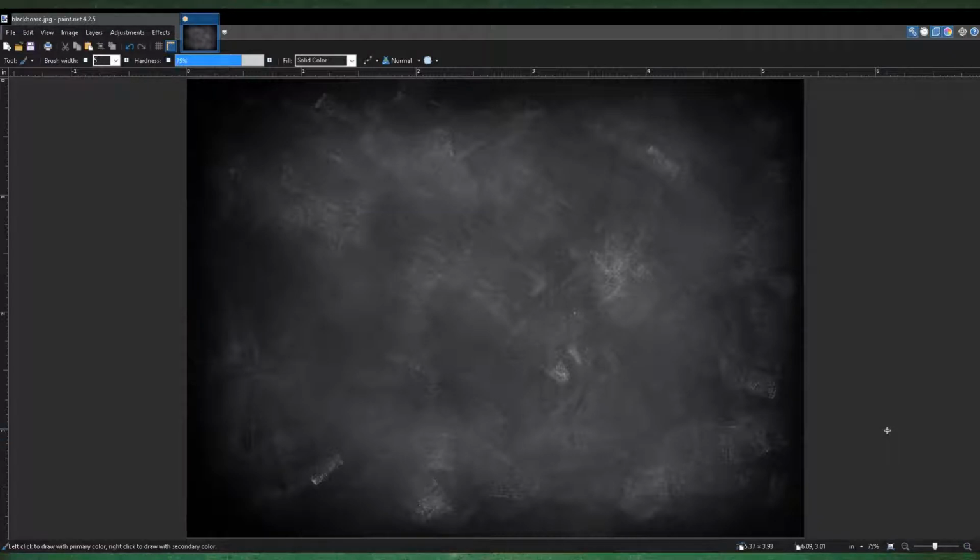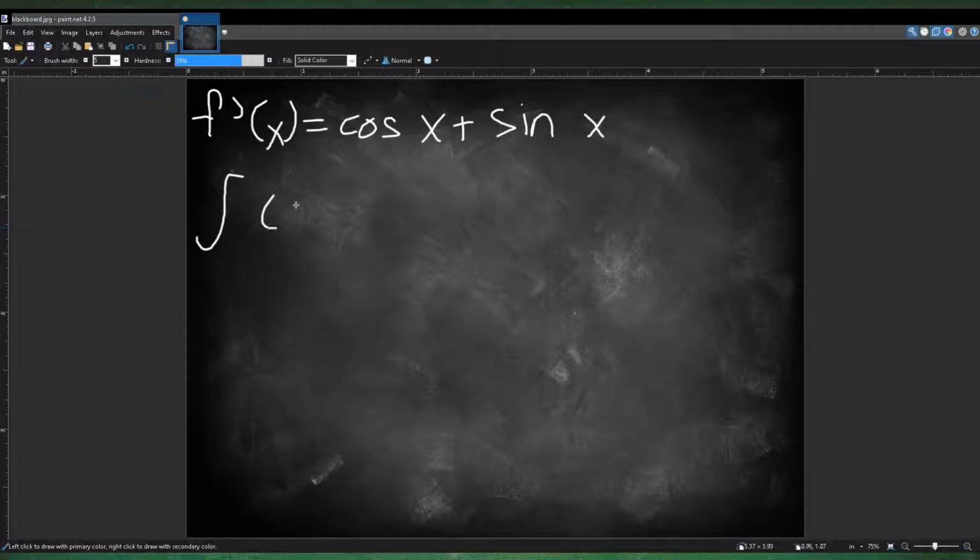Another example would be using it with trig. Let's say we have the derivative of f is equal to cosine of x plus sine of x, right? Now, if you do the integral of cosine of x plus sine of x with respect to x, you could do it in parts, cosine of x first and then sine of x second.